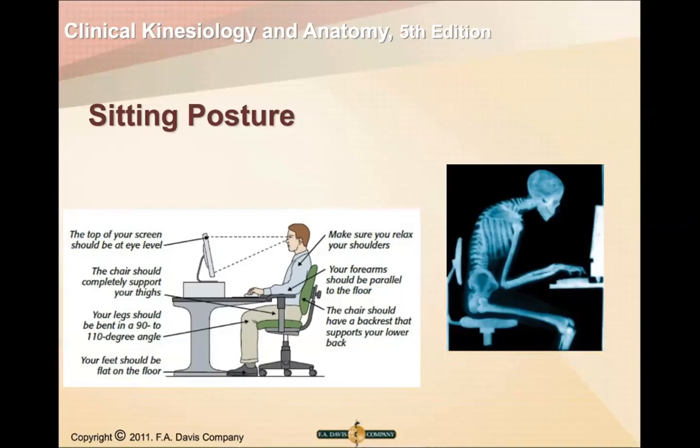For comfort, sometimes we may straighten our legs out in front of us, but for proper posture to keep our pelvis in line, we want our knees slightly bent around 90 degrees. You want your femurs to be well supported by the chair, and kind of parallel to the floor. And you want to be able to sit all the way back in your chair to where the back of your back and the top of your sacrum is touching the backrest. Okay.